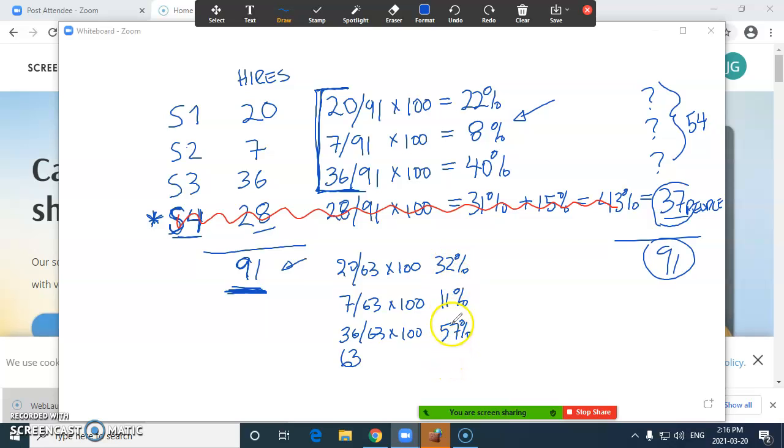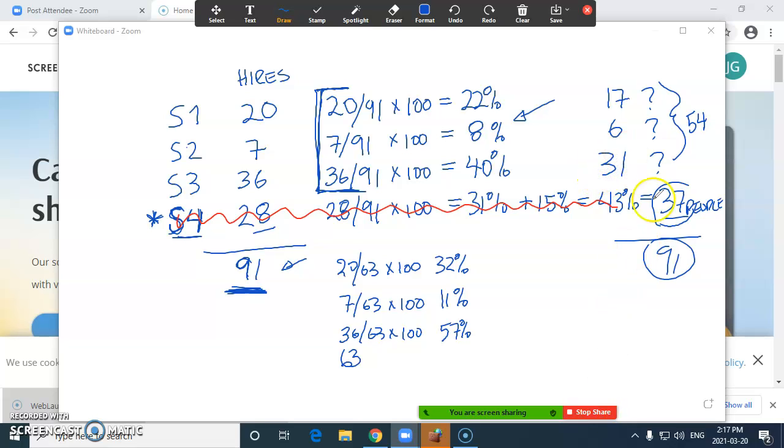So source 1 is going to be 32% of 54, which is 17. Source 2 is 11% of 54, which is 6. And source 3 is going to be 57% of 54, which is 31.